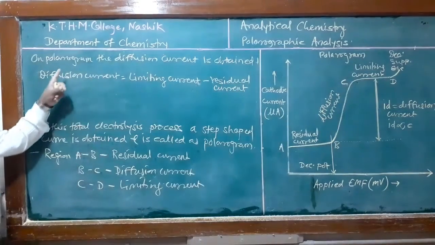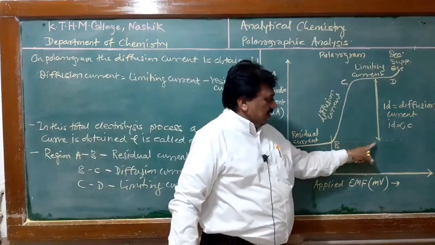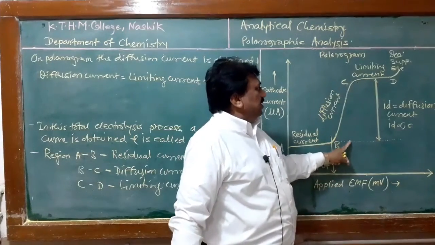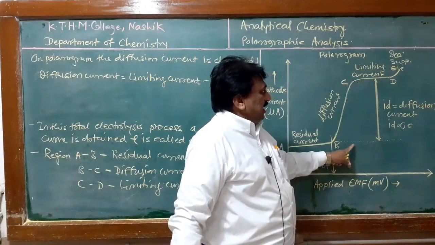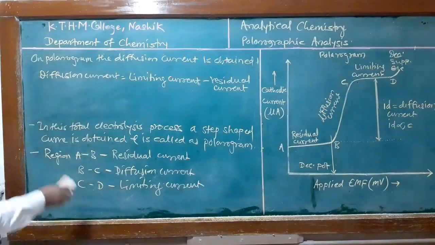Therefore, from the polarogram, we extrapolate this line along the x-axis or potential axis, and we take the difference between limiting current and this residual current, and that becomes the diffusion current.